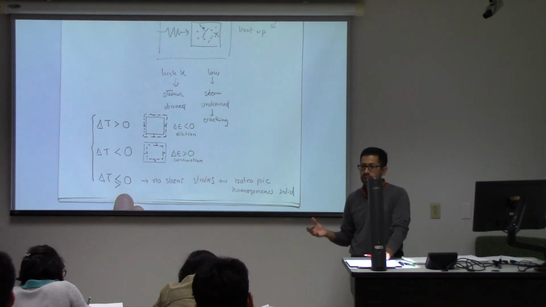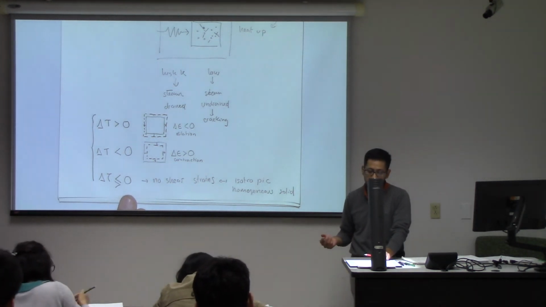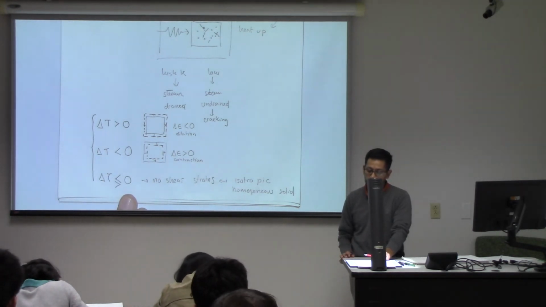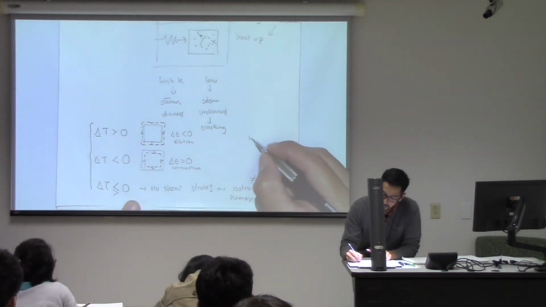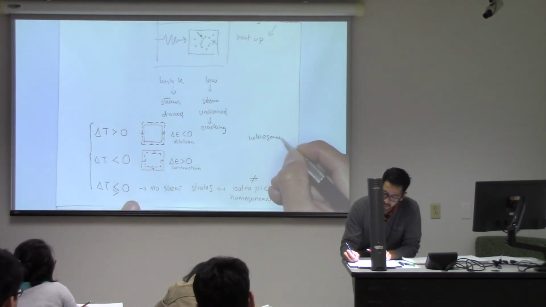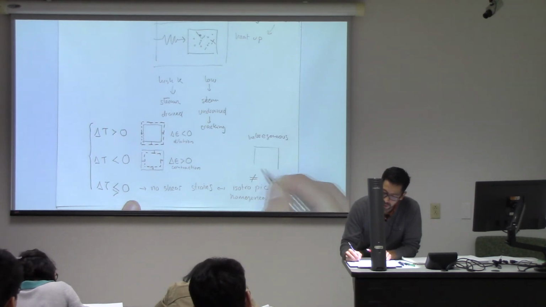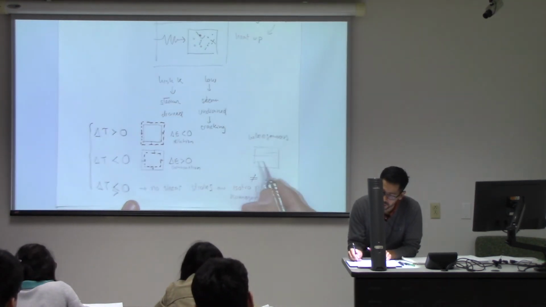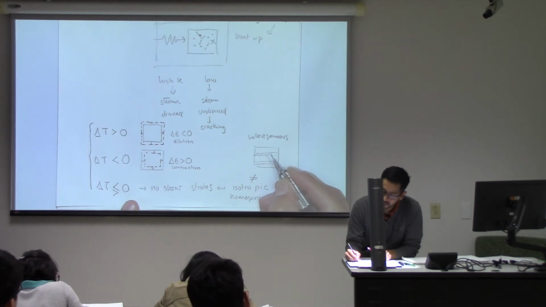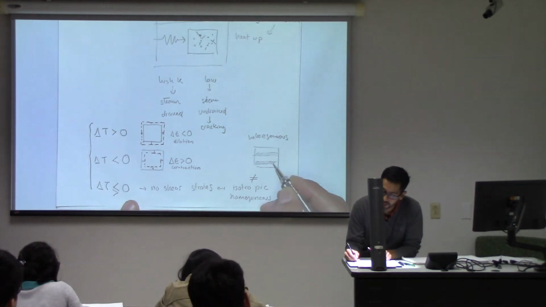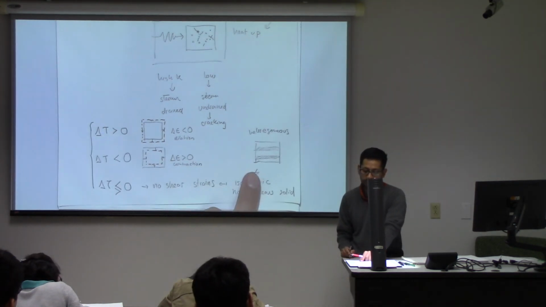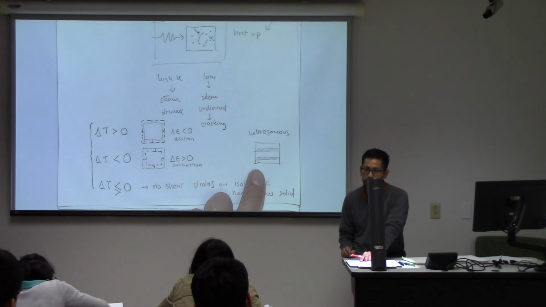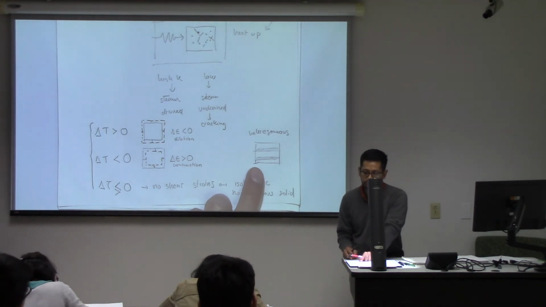Because if the material properties are the same everywhere, they should shrink or dilate the same, and there is no reason for having a shear strain. But this is going to be different from a heterogeneous solid. Imagine that you have a solid like a rock, and most rocks are layered with materials inside with different thermal conductivity or with different dilation coefficient.